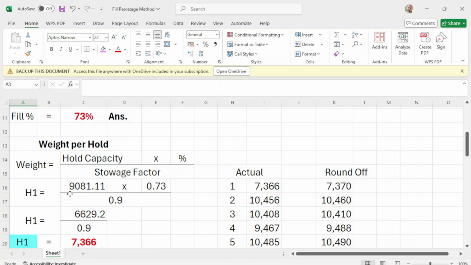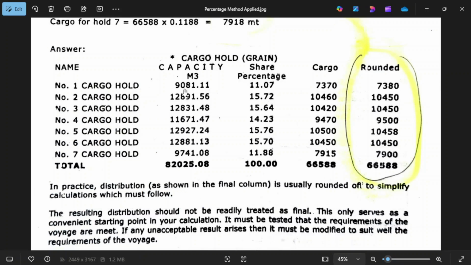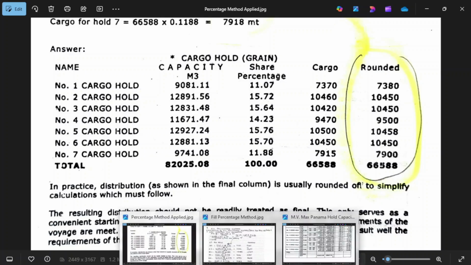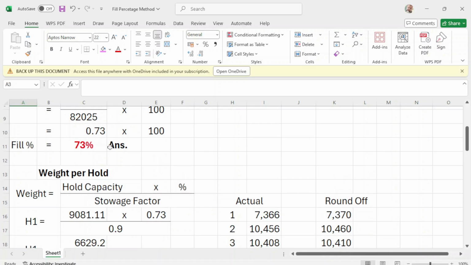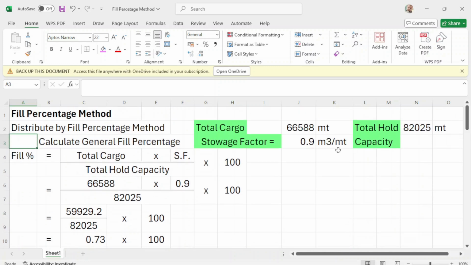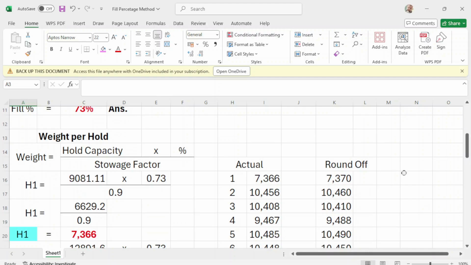Hold weight in hold number 1 is hold capacity, 9081.11, times your percentage of 0.73, over your storage factor of 0.9 cubic meters per metric ton. And the answer would be 7,366.